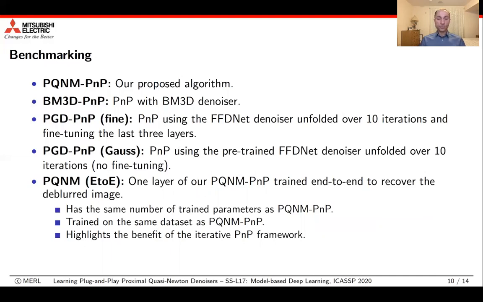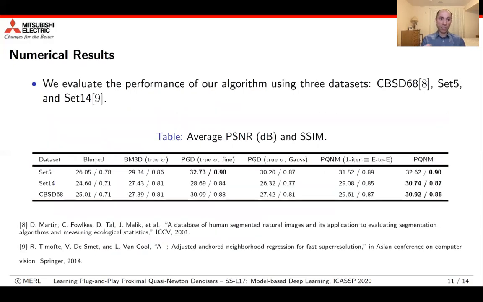And we also took one single iteration of our PQNM, so that's our proposed approach, and we trained it end-to-end to take as input a blurry image and output a completely deblurred image, as opposed to the other framework where we use a denoiser and then use the unfolded structure in order to achieve the deblurring. Just with respect to the last part, the training used the same number of parameters that were used to train the PQNM PNP. We used the same training data set, and the purpose of it is to highlight the benefit of the plug-and-play approach.